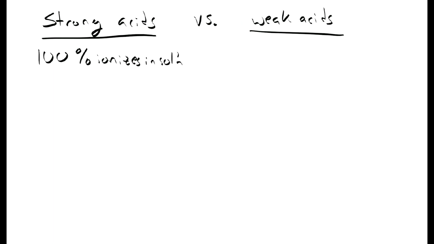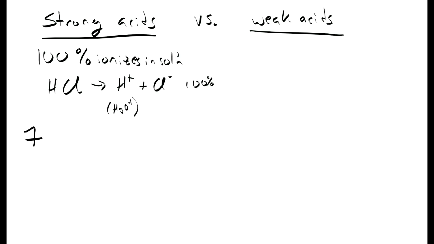So when you throw hydrochloric acid into solution, HCl goes to H+ and Cl-. That happens 100%. Every single hydrogen chloride molecule breaks apart into H+ and Cl-, or technically hydronium and Cl-. There are 7 strong acids.